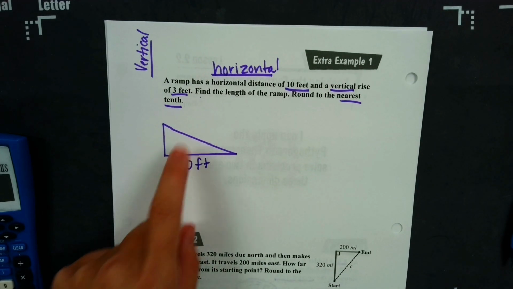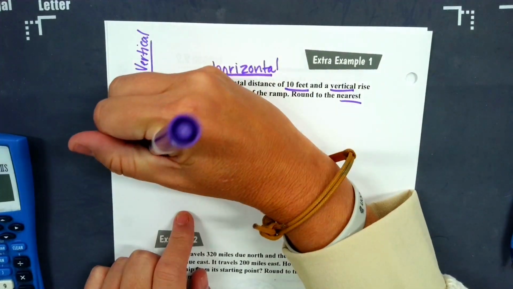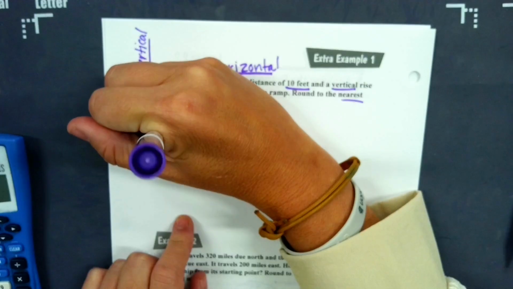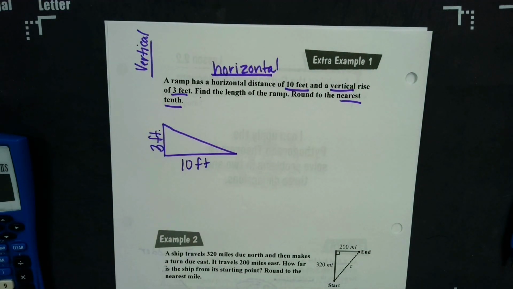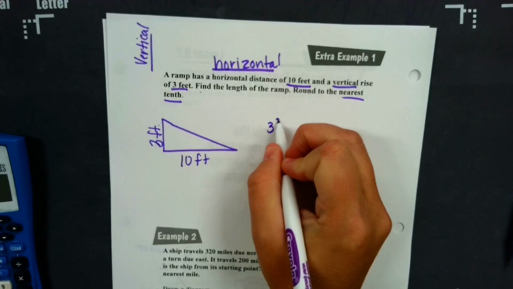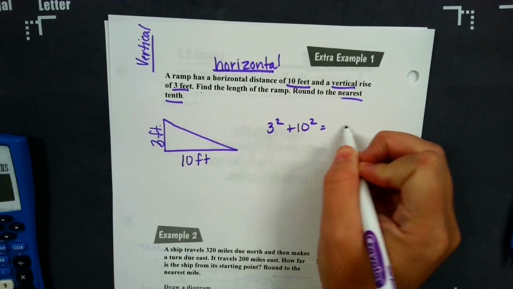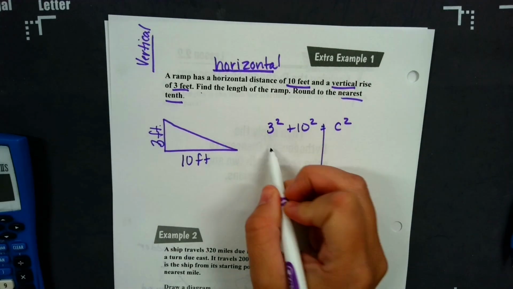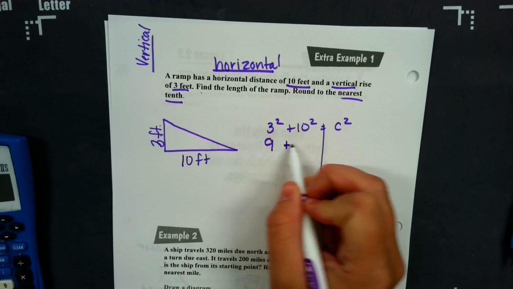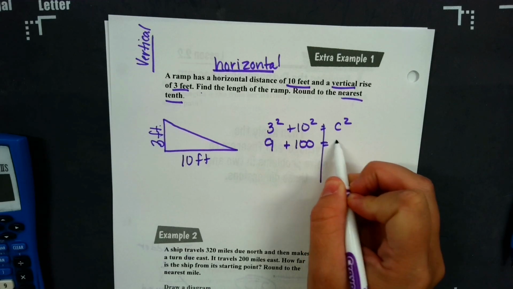Vertical. So what am I looking for? A, B, or C? C. Three squared is 9. 10 squared is 100.